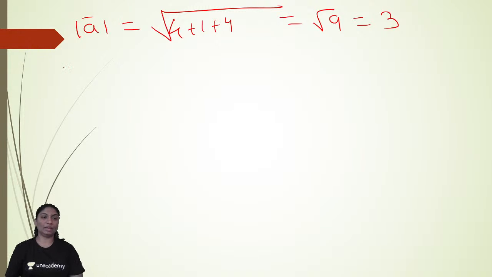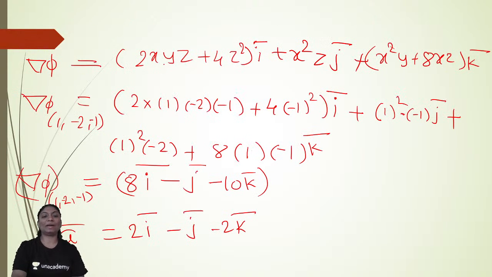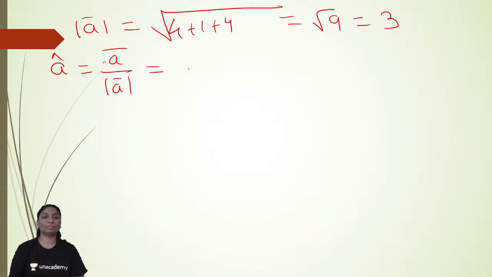So you will get vector a cap. A cap is equal to a bar upon mod of a bar. A bar is 2 i bar minus j bar minus 2 k bar upon 3.